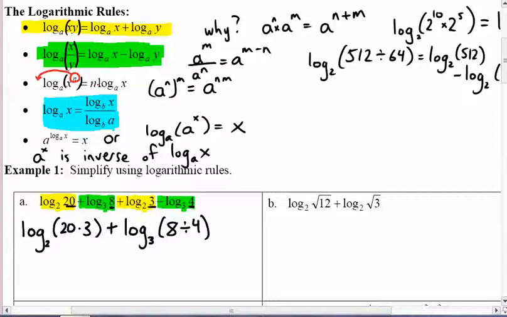Okay, and I've got this plus here because this one was positive. So now in simplest form, this would be log base 2 of 60 plus log base 3 of 2.